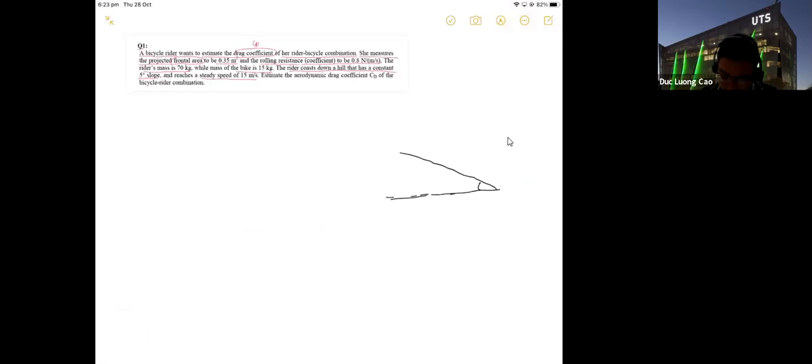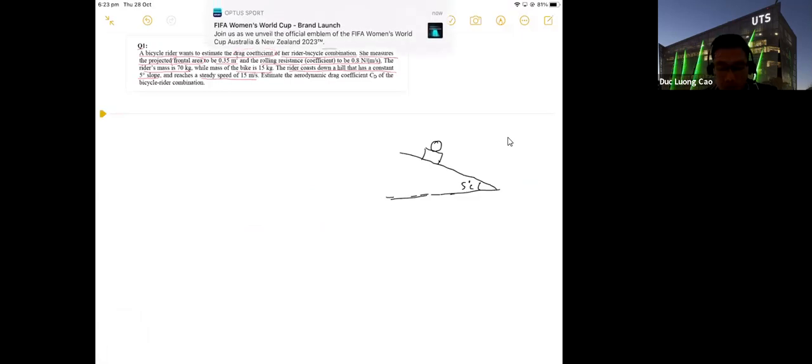You find CD. For this one, this is the hill, and this is phi. And here is the rider and bicycle. I'm not good at drawing. The mass of the rider gives the weight of the rider, and this one is the weight of the bicycle.